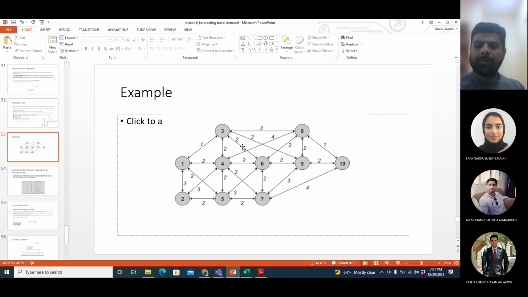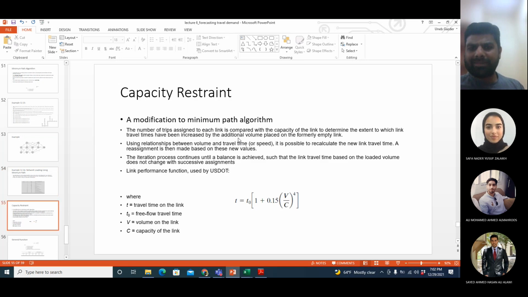Here again, V will be 600 and T naught will be 2 minutes, and you put it there with the capacity. If you get the same value again, which you put as T naught, or close to that value, this means you have reached equilibrium now. This is equilibrium.